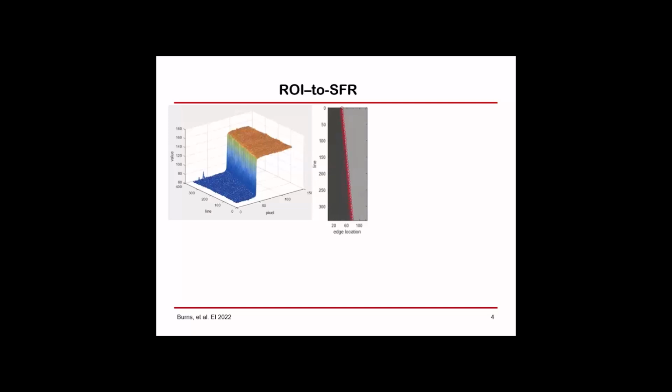The algorithm itself finds the edge and fits it, both its location and its direction. From that two-dimensional matrix of pixel data, we derive an edge function, or an edge profile. In this case, we could think of this as projecting all the data down to, say, the bottom of the array.